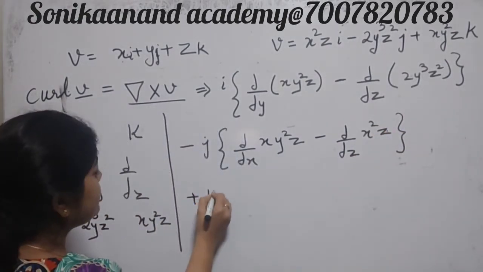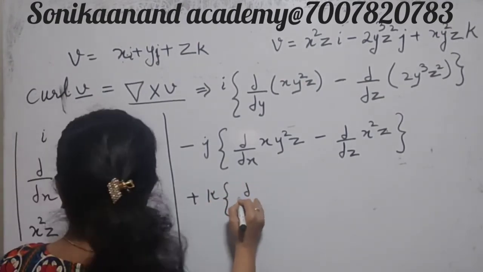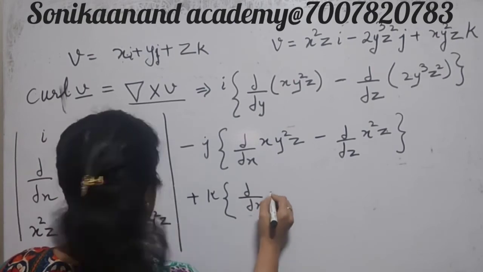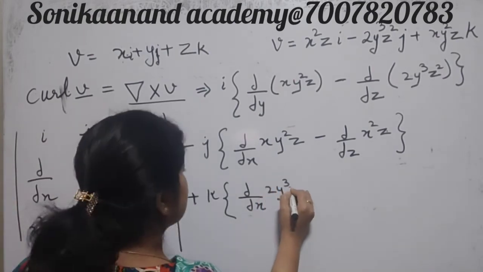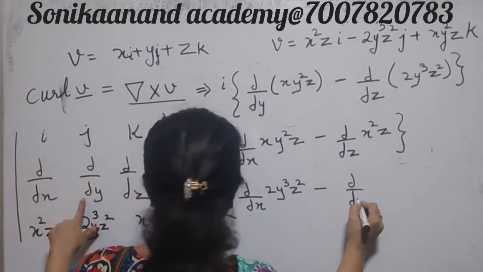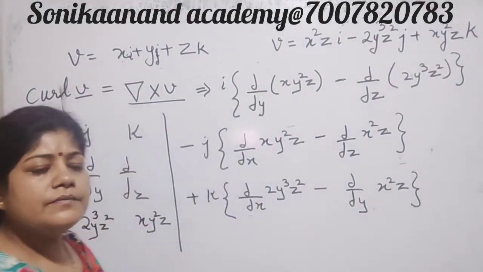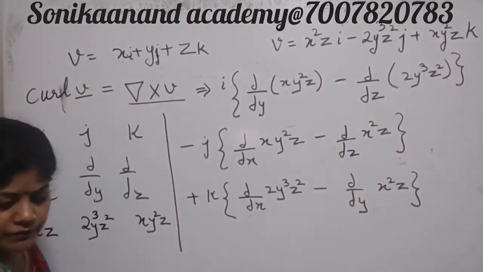Now, for the k, we have d of dx 2y cube z square minus d of dy x square z. Clear? Now we solve one by one.